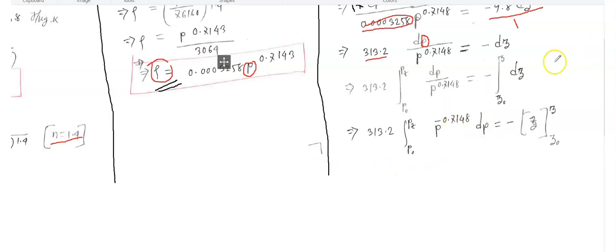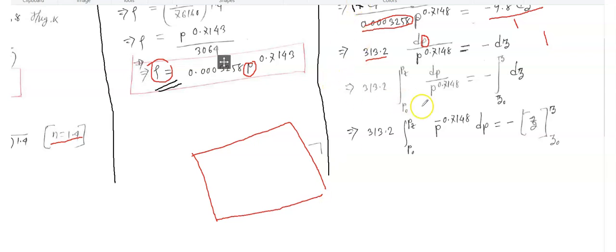Let me write something here. If we have a term like dx over x to the power n, we can write it as x to the power negative n dx. That way we wrote this term.